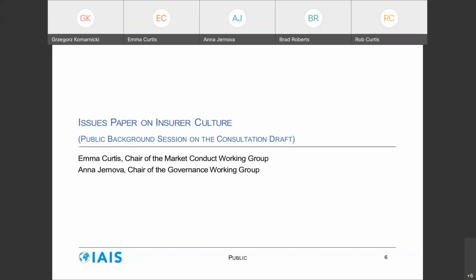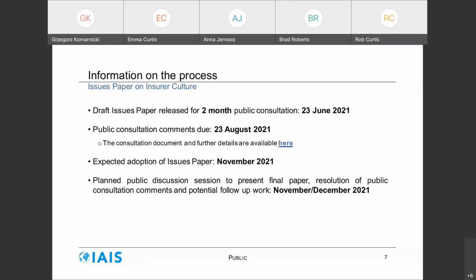and today we would like to present the consultation draft to you. If we move to the next slide, as you can see, the draft issues paper was released for a 2-month public consultation on the 23rd of June this year. Public consultation comments are due back to the IAIS by Monday, the 23rd of August, 2021.